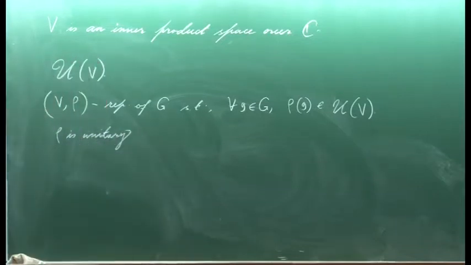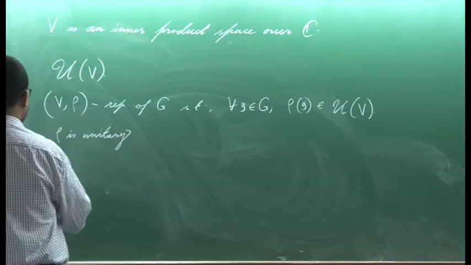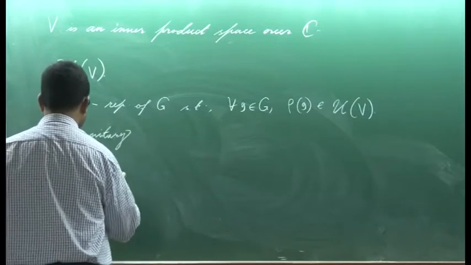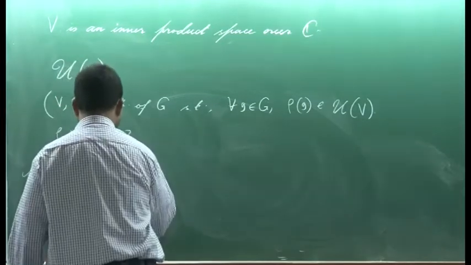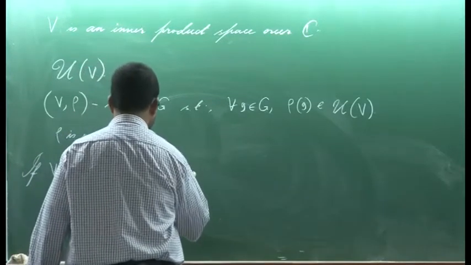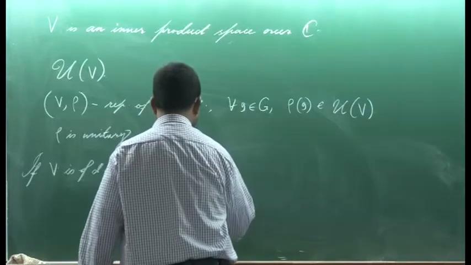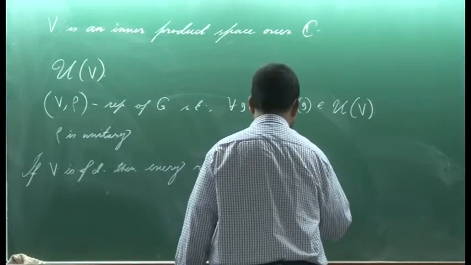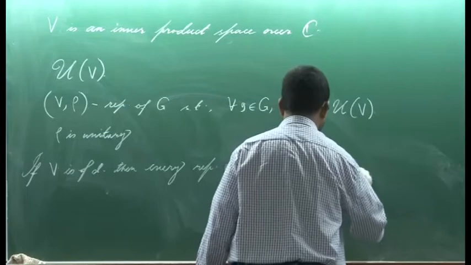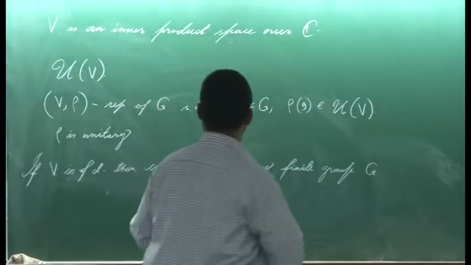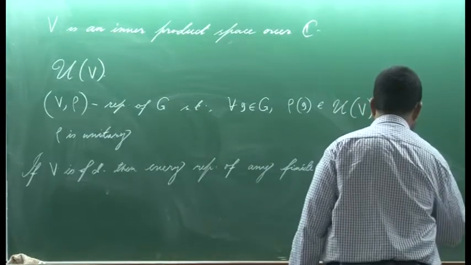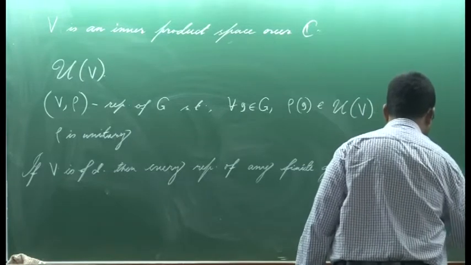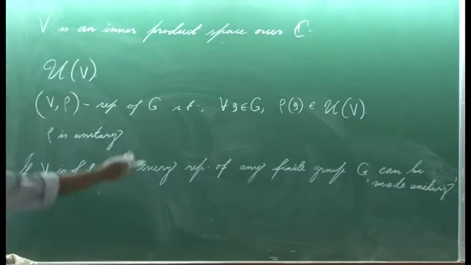In particular, if V is finite dimensional, then every representation of any finite group G can be made unitary. I will explain what this means.